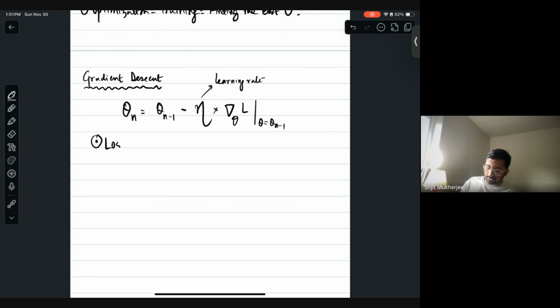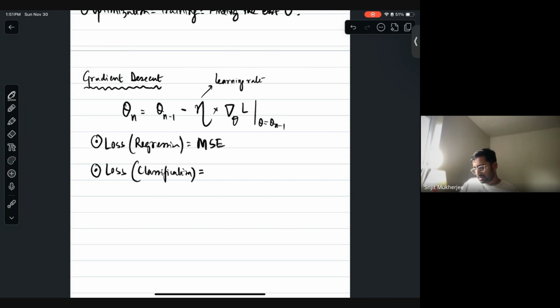For regression, we will use, as of now, MSE, mean square error, and for classification we will use cross entropy. I have shown it yesterday what they are, for K levels, C levels, let's say.